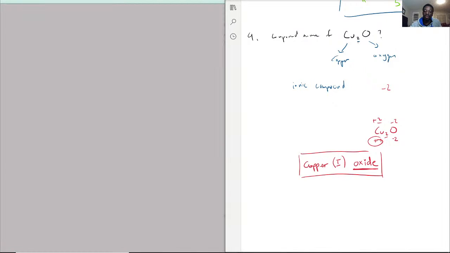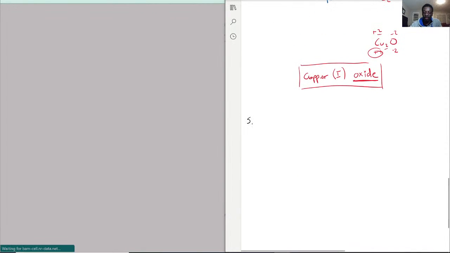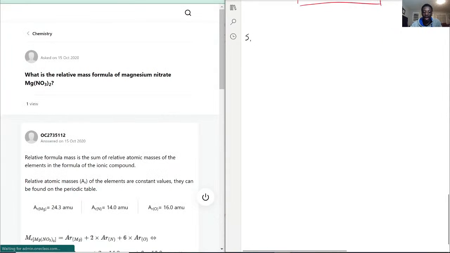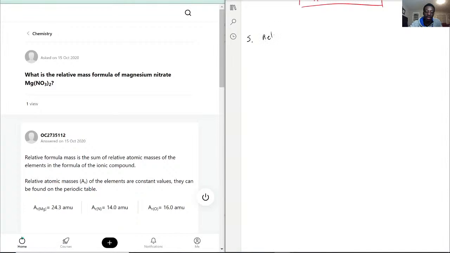And now for question 5. For this question we have, what is the relative mass formula for magnesium nitrate? Right away, relative mass, think of it as solving for your molecular mass.